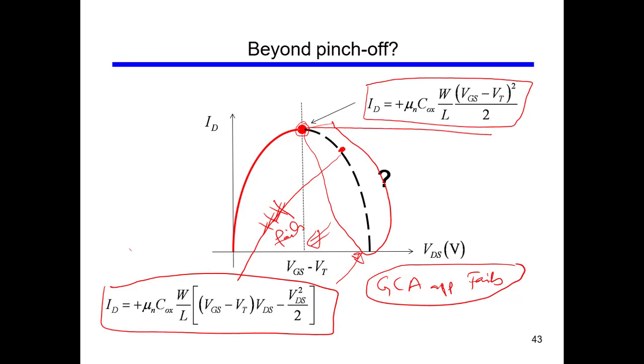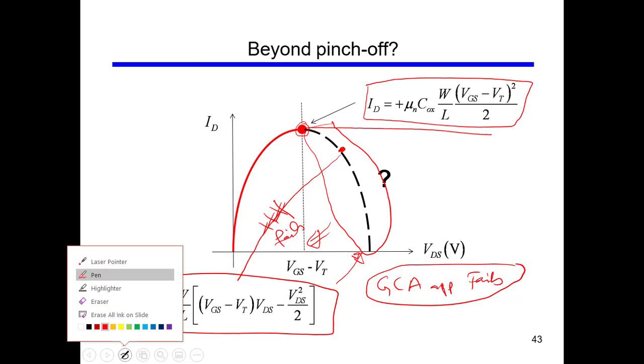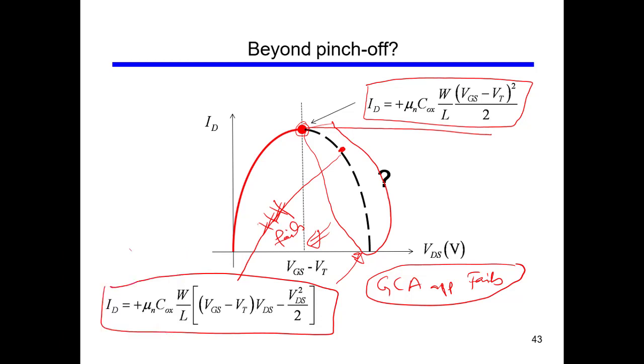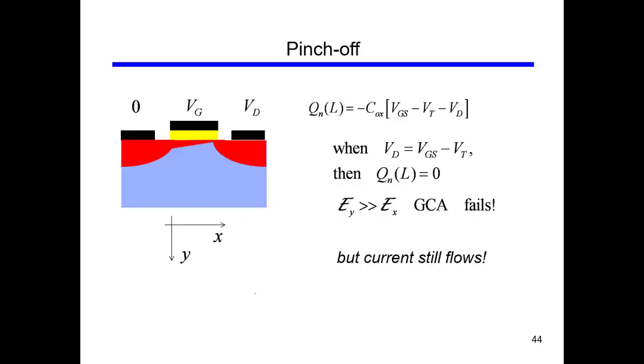This formula is applicable only and only in this region. It is not applicable beyond the pinch off point. Beyond the pinch off point, our current saturates at the maximum value.